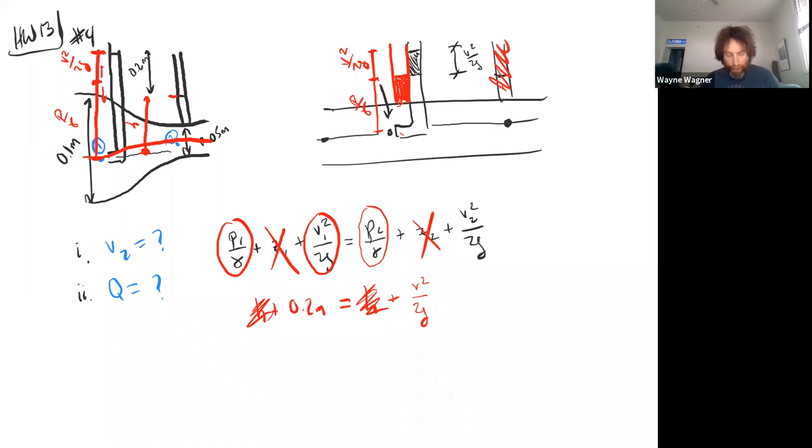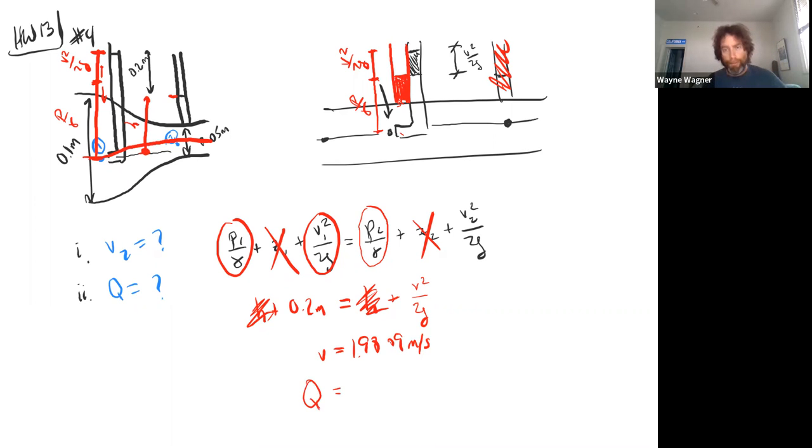Algebraically, I'll plug that in real quick: 0.2 times 2 times 9.81, take the square root of that. So V equals 1.9809 meters per second. And then Q equals that number times the area.